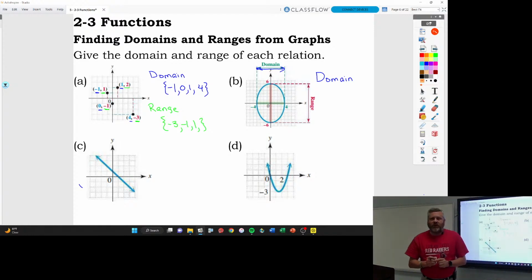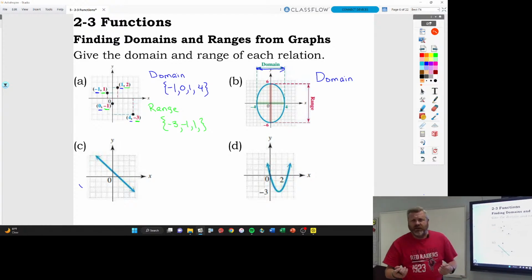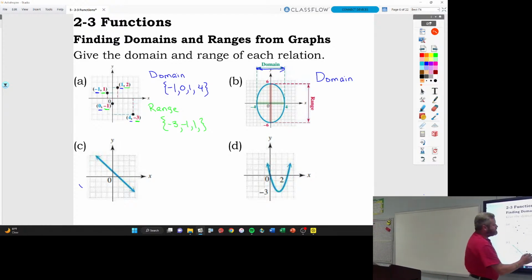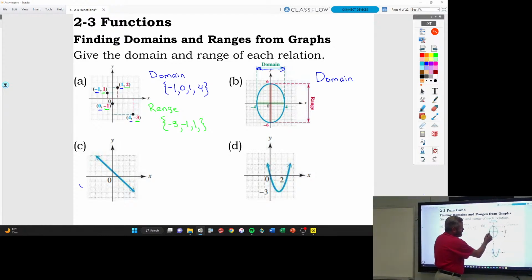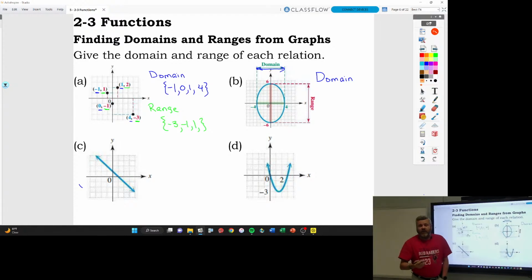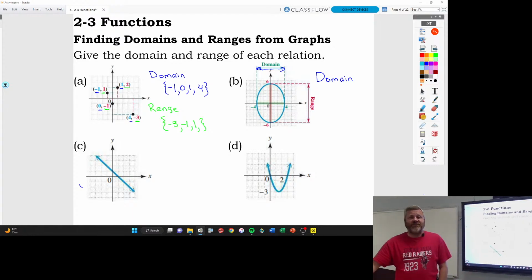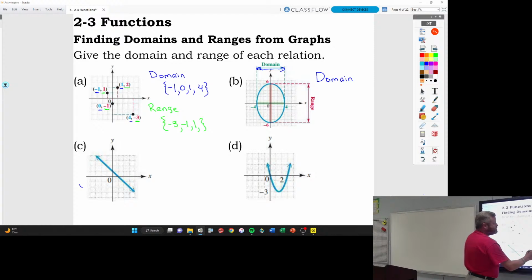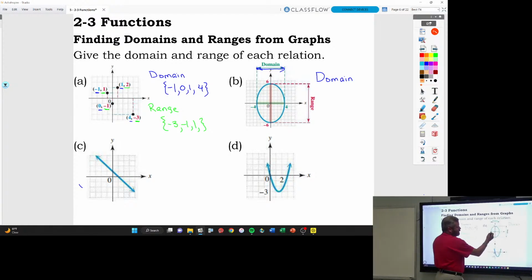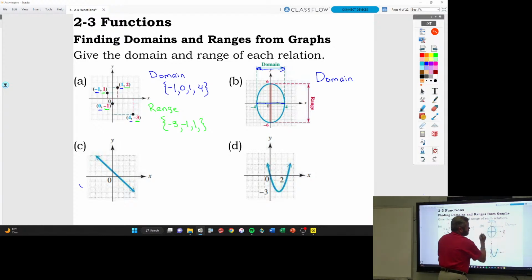And you can't list them all. You can't say, well, it's just -4, -3. No, no, no. Because there are so many points between -4 and -3, like -3.9. How about -3.999? -3.9999, -3.9876. So you can see there is no way to list every number of the domain going from -4 to +4.